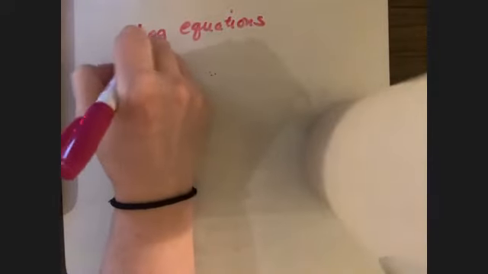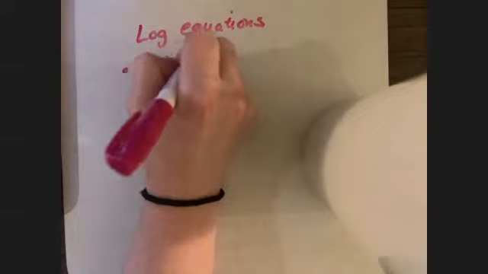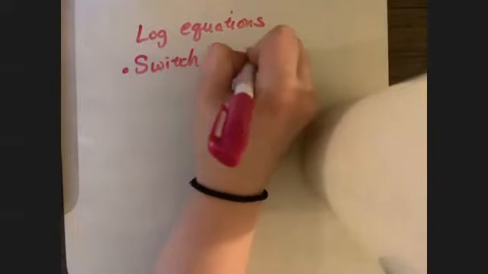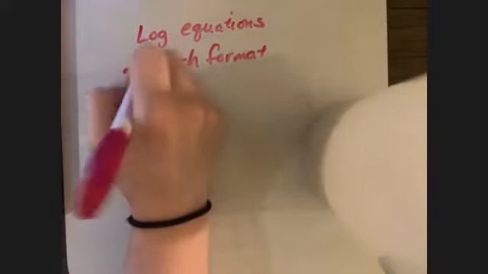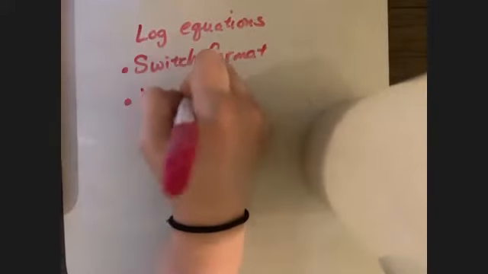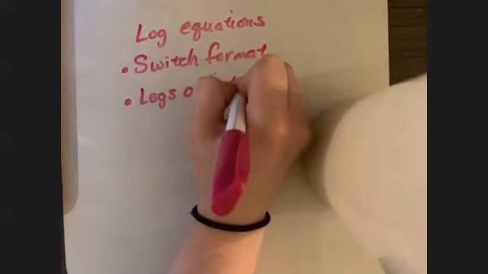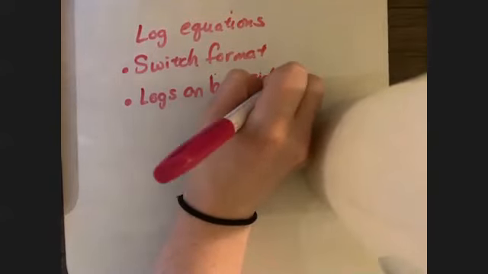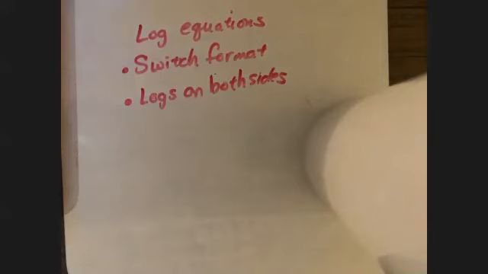We're either going to switch format, which means we're going to do our e-loop thing, or we have logs on both sides. And that's going to use that rule that we had right up there at the beginning, the one where they were talking about log base a of x equals log base a of y. x has to equal y.